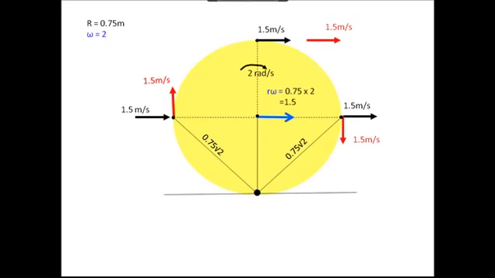Again, in the same problem, look at the center's velocity. We can easily find the distance from the bottom to the center. It's 0.75. 0.75 into 2 is 1.5, which, if you remember, was the velocity of the center in this problem when we solved it earlier.